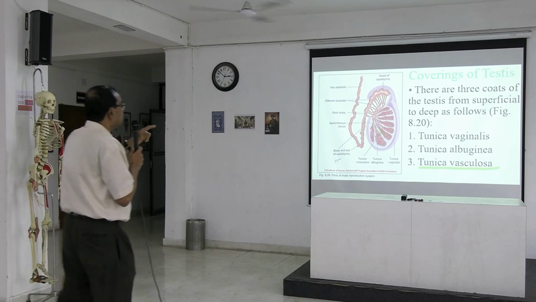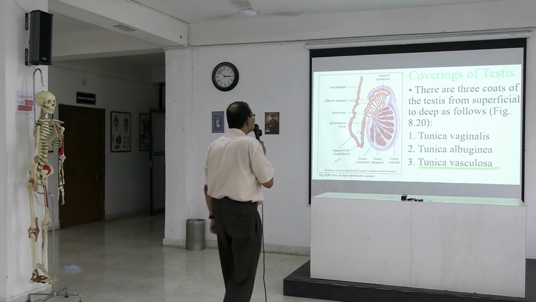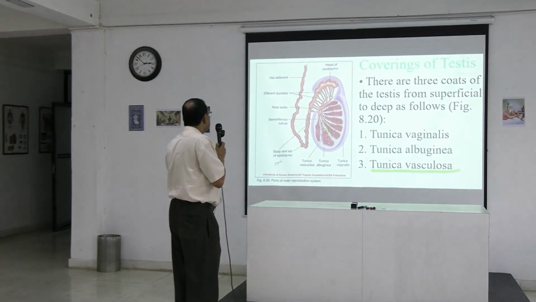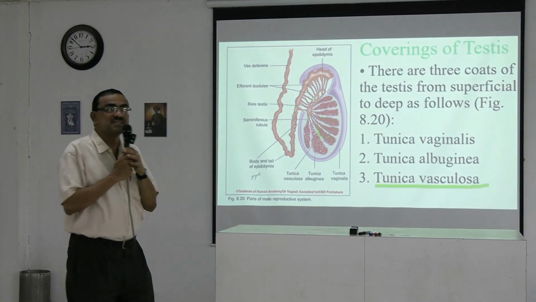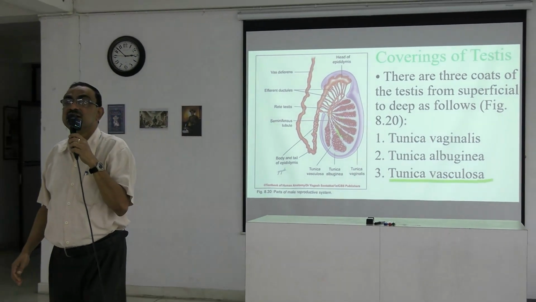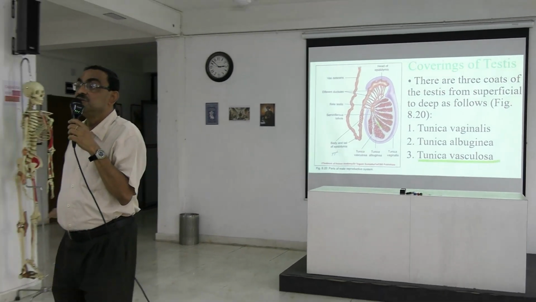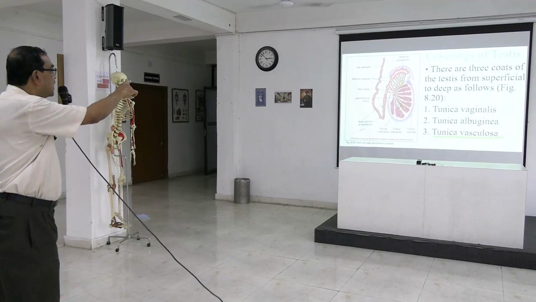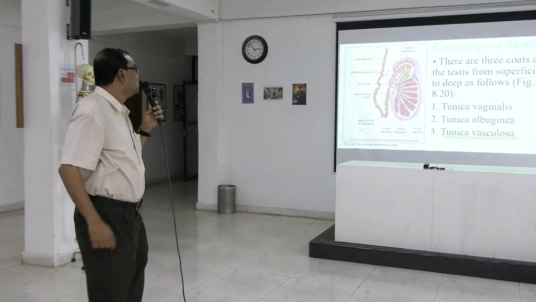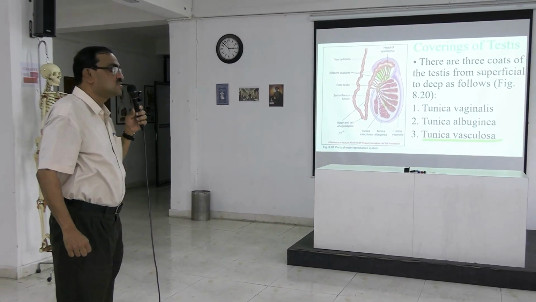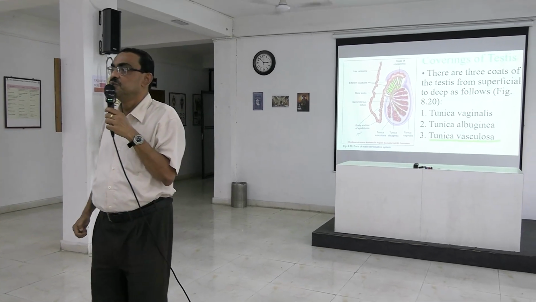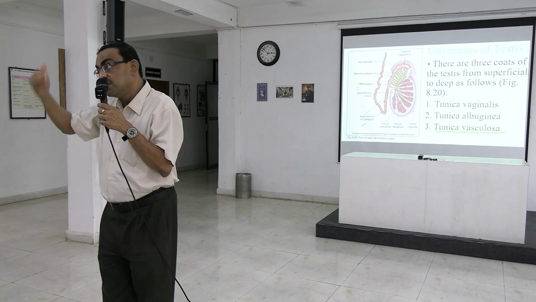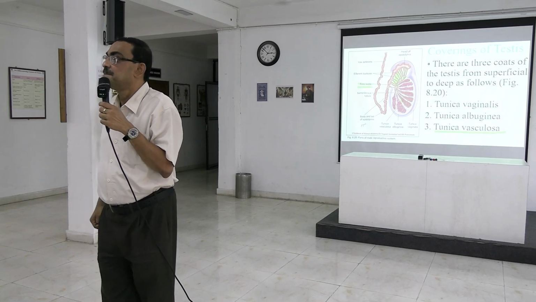Now we can see these seminiferous tubules join behind, and first they form 15 to 30 straight tubules, and those straight tubules join with each other and form a network of tubules, which is called rete testis, which is also present within the mediastinum.